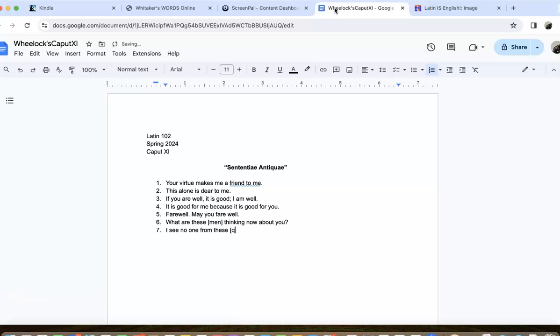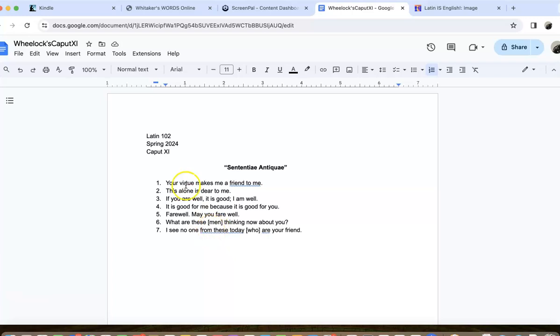Now it doesn't say who, but I'm going to put that in here because we don't have relative pronouns until chapter 17, but we would need it in English. I see no one from these who are your friend. But then we still need hodie, which means today. So I see no one from these today. I'm going to put that right in there. You can see it doesn't like that grammar, but that's fine, right?